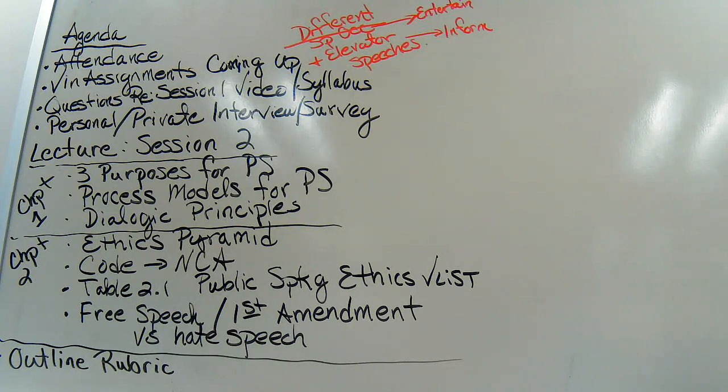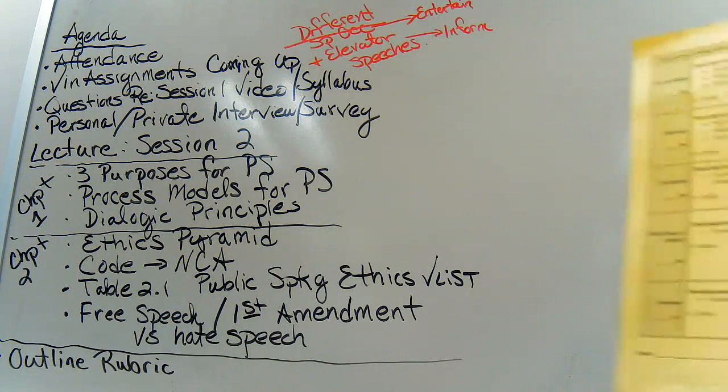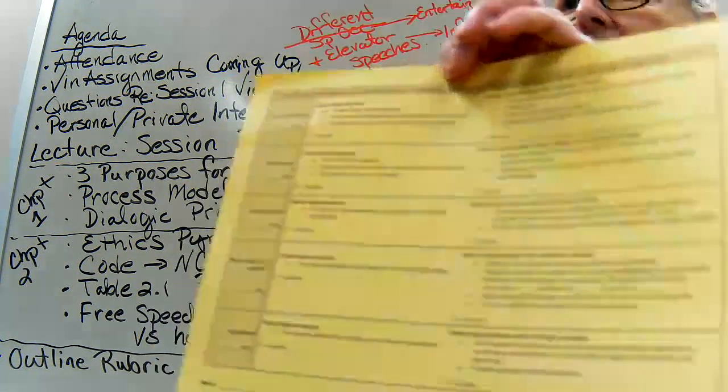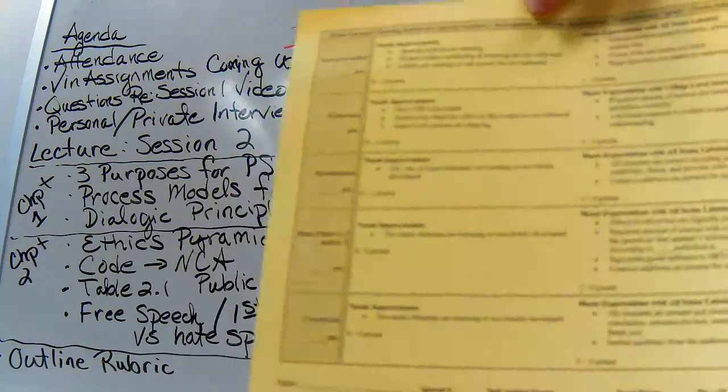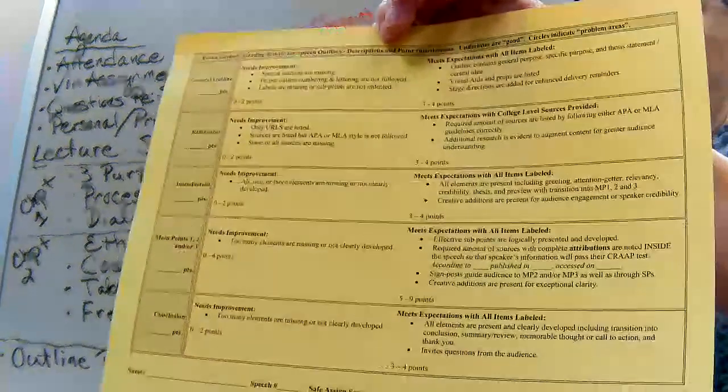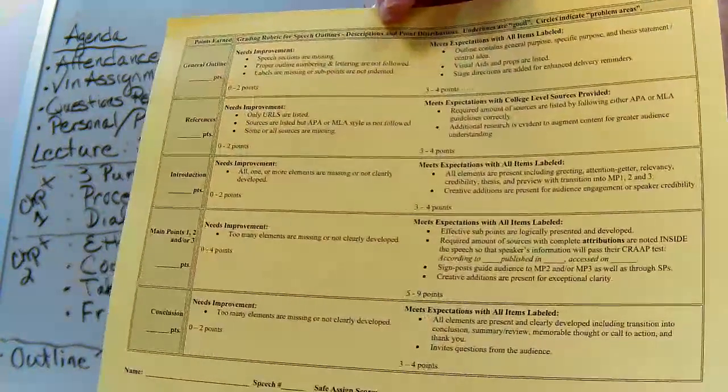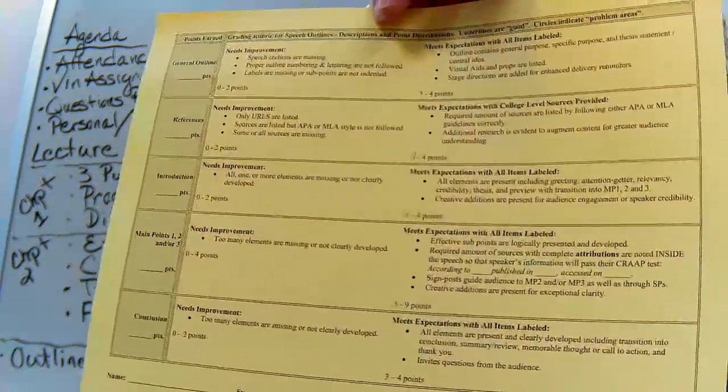So it's our chance to find out who's in our classroom, but most importantly, it's a chance for you to learn how to do a full sentence outline, okay? So in your Moodle, you are going to see a piece of paper that looks something like this. And this is the rubric that we are going to be using for all speech outlines.